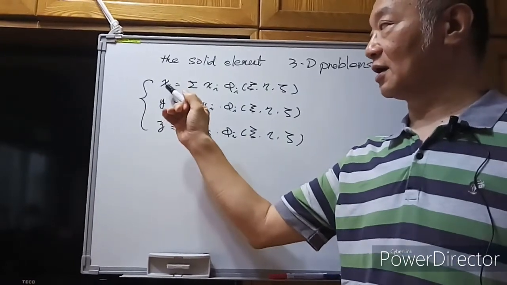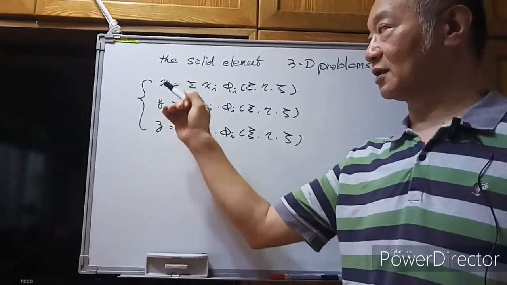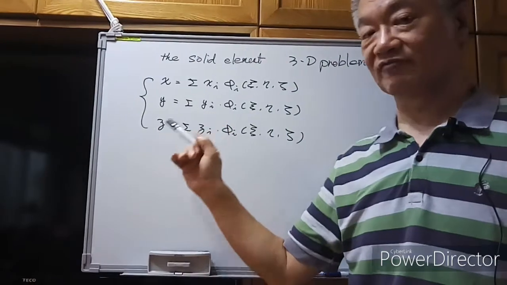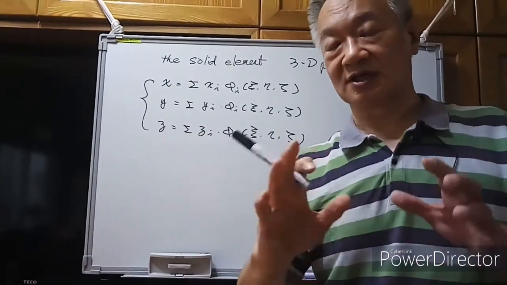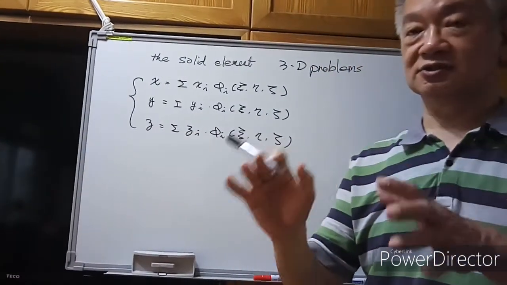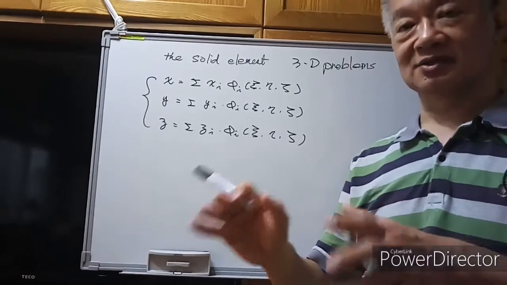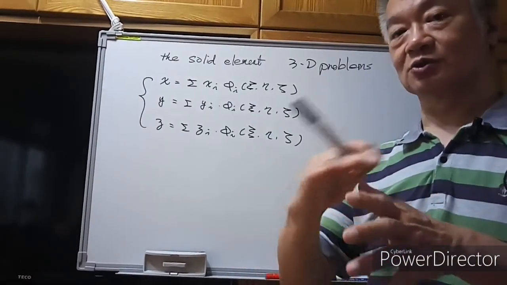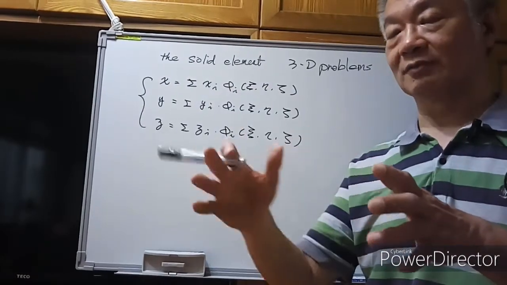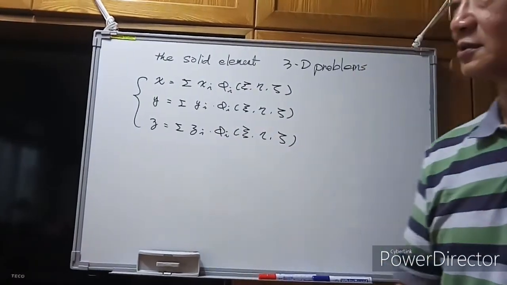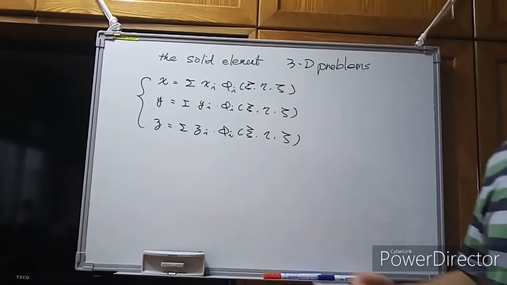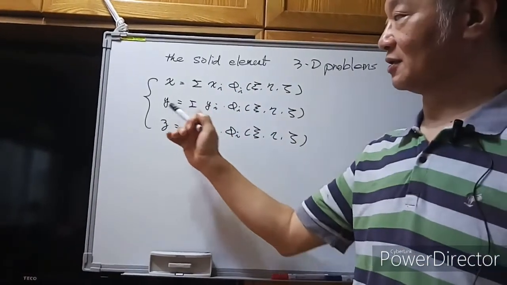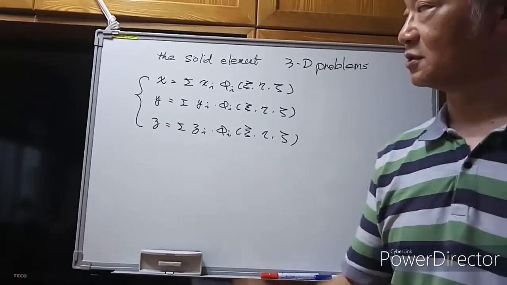Okay, so after we define these three formulas, you can say for any point inside the mapped element, and also for all the points on the surface of the mapped element, we have the defined xyz function.